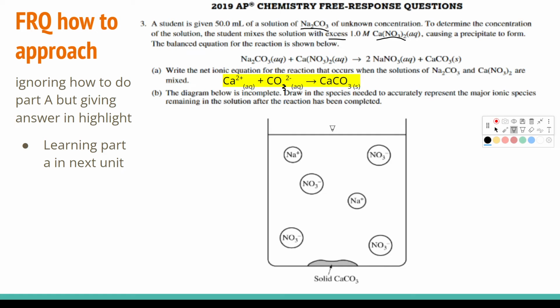Anyway, so we are looking at who's excess and who's limiting. And so I see that the carbonate is going to be the limiting reactant. So the species that should be in here is our Ca ion. So I should put Ca plus 2 or Ca2 plus. Again, it really doesn't matter what order you're putting these in. So then you just draw a couple of them in there. Put them in a circle. Easy.